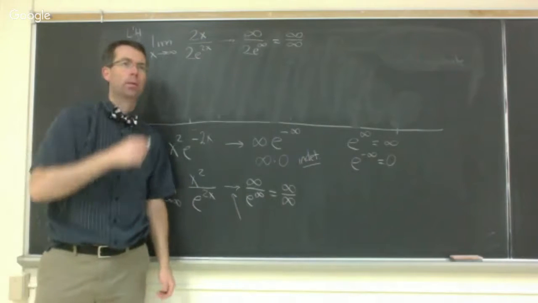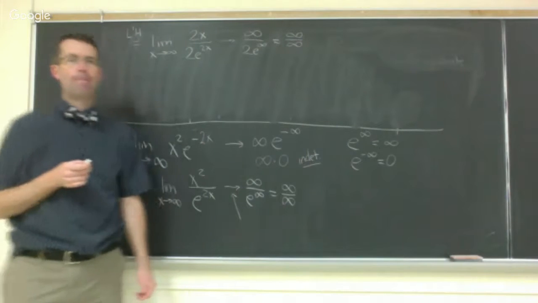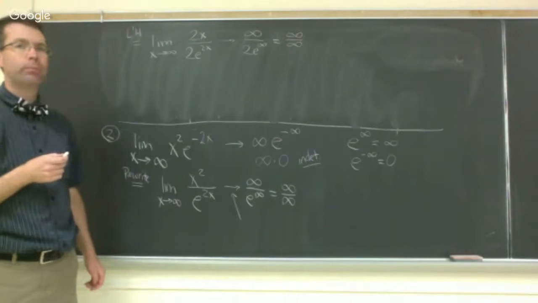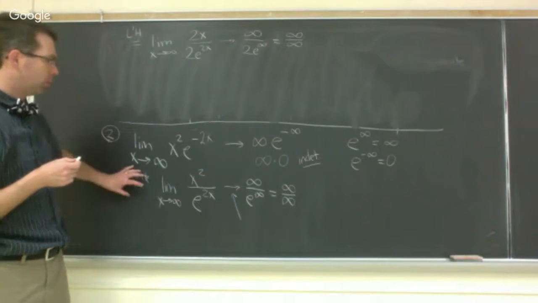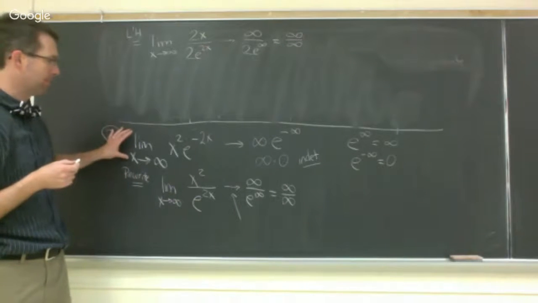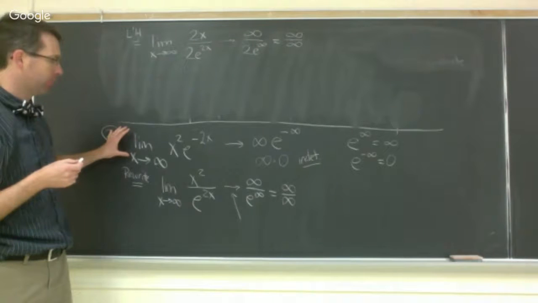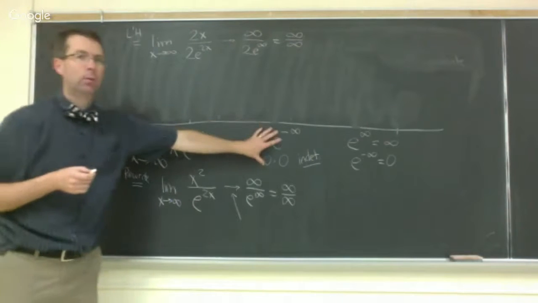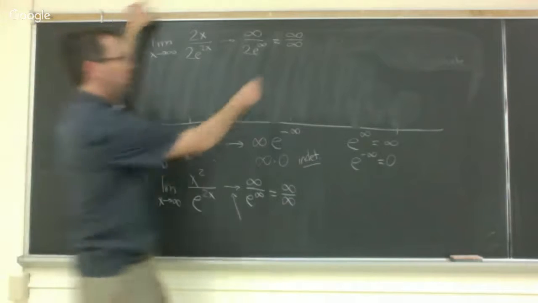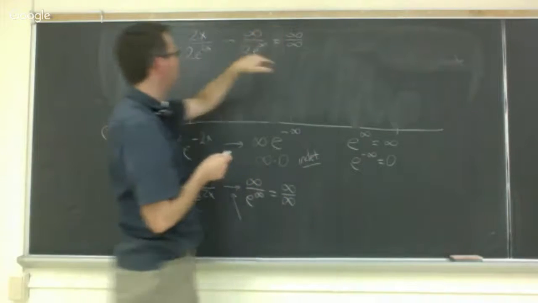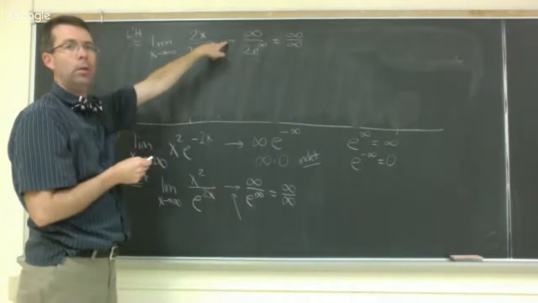Yes? This might be a dumb question, but if you put equals in between the two, like the limit and the infinity over 2, would that be wrong? It's like limit of x to infinity 2x over 2e to 2x. If you put, after the top part where you use L'Hopital's rule, equals infinity over 2e to the infinity, so where your arrow is, if you put equals there, is that wrong?